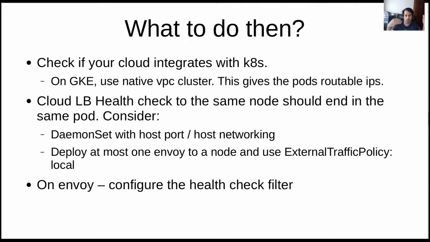And you can do that with either a daemon set with host port or host networking, or we can talk about different deployment methods where you deploy at most one pod to one node and use external traffic policy local on the service so that kube-proxy only sends requests to local pods, right? So that's to solve the health correlation problem with the cloud load balancer.